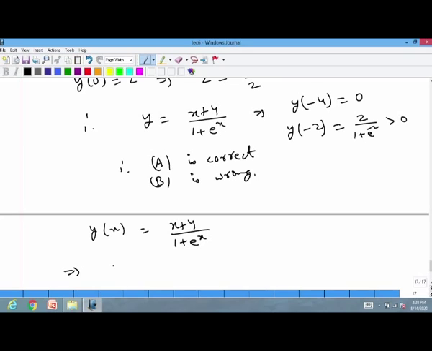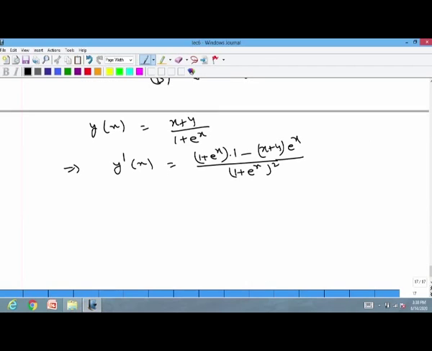This implies y'(x) = [(1 + e^x) times the derivative of x + 4, which is 1, minus (x + 4) times the derivative of the denominator, which is e^x] divided by (1 + e^x)^2.